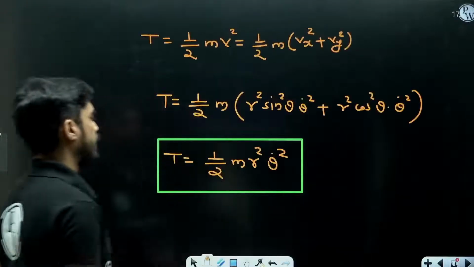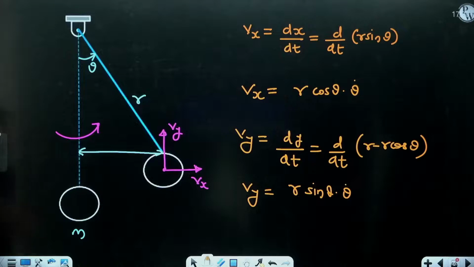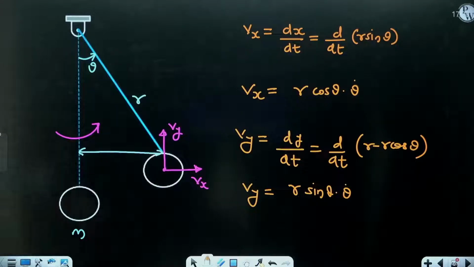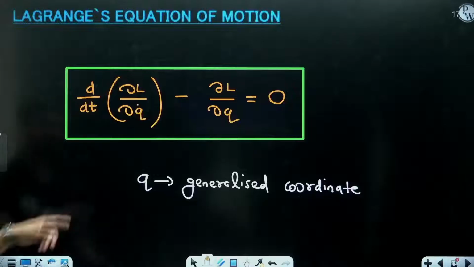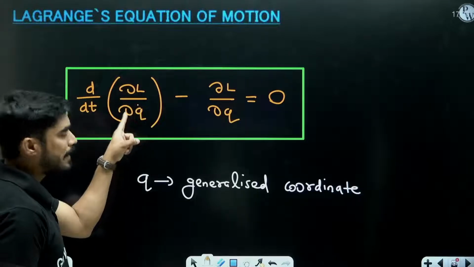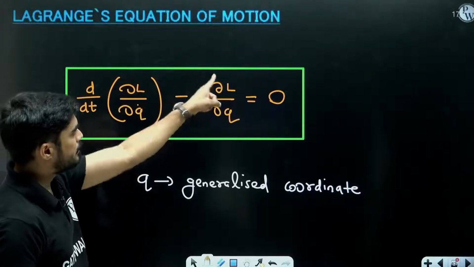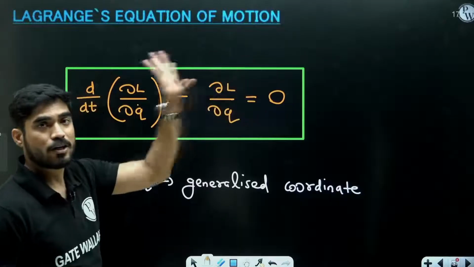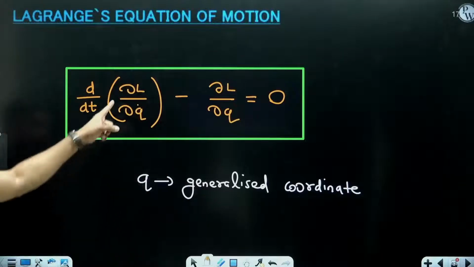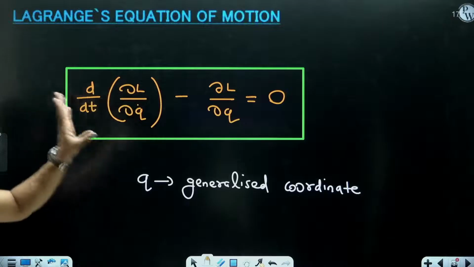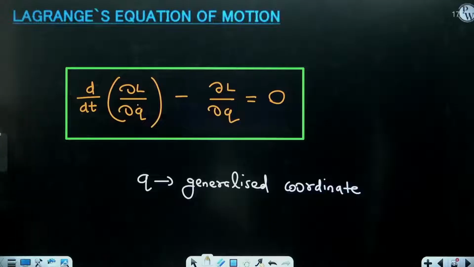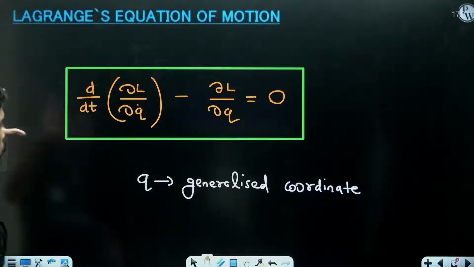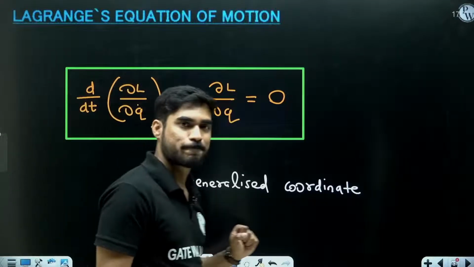For example, in this case, your generalized coordinate is theta, so your q will be theta. This equation will become d by dt of del L by del theta dot minus del L by del theta equals 0. What is this del? This is partial differentiation. So d by dt of del L by del q dot minus del L by del q equals 0 is your equation of motion.